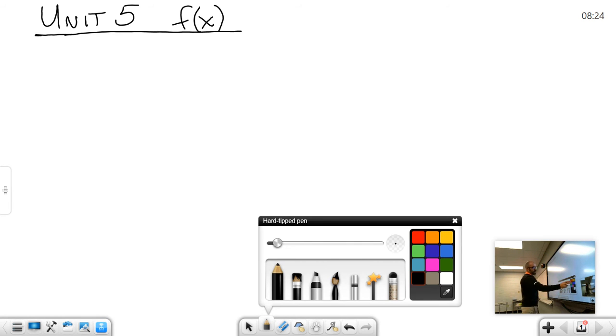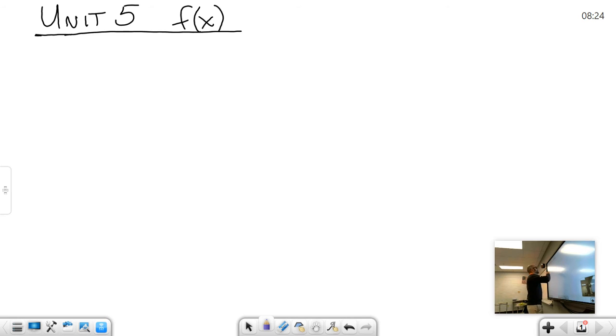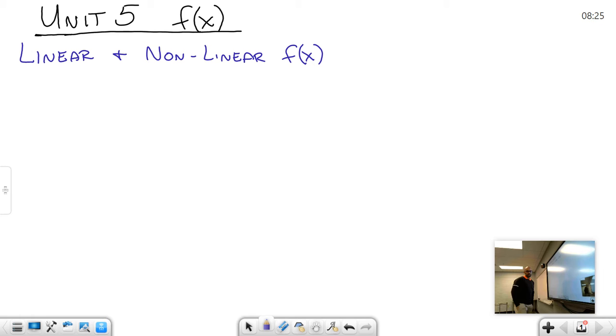All right. So today, what we're going to be focusing on is linear and nonlinear functions. This is the first part of the notes. There are two different parts to identifying whether something is linear or nonlinear.